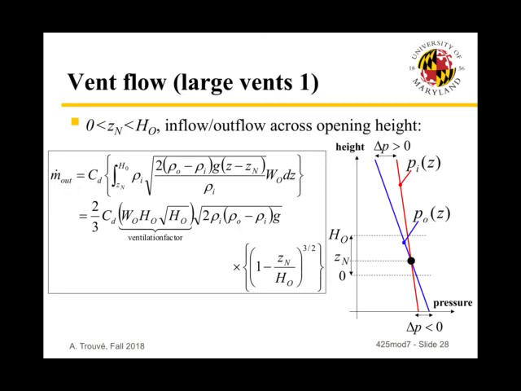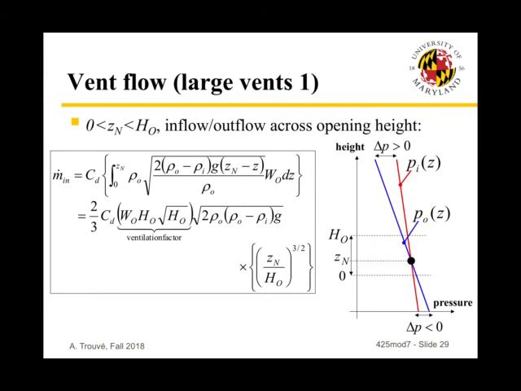We perform an integration, but this integration now goes from Z neutral to H0, because that's the location of the region where the pressure inside is higher than the pressure outside. So this is the new expression that we have for the mass outflow rate, again with an expression that is proportional to the ventilation factor.